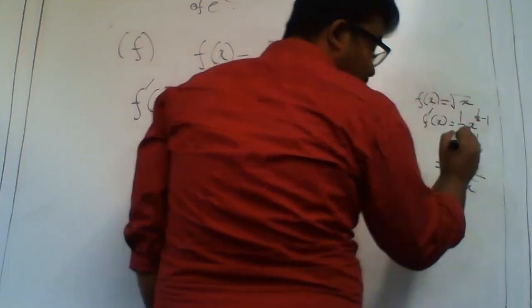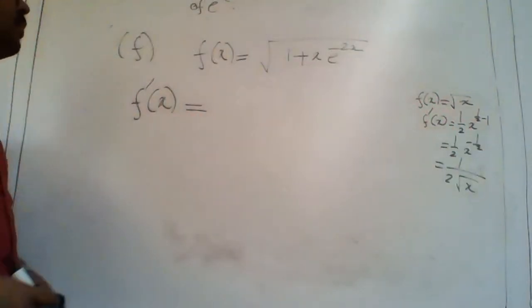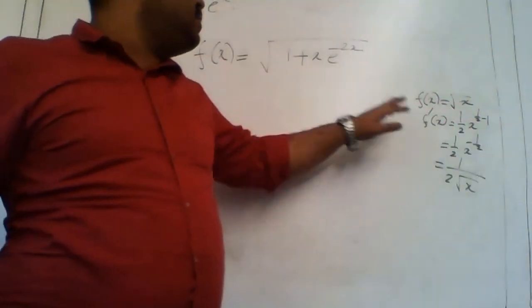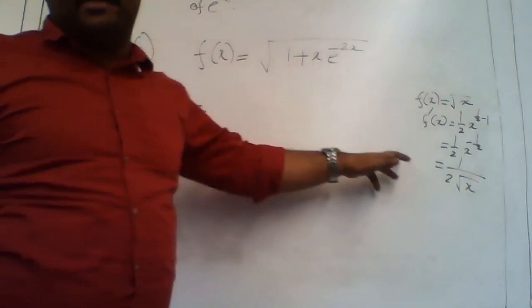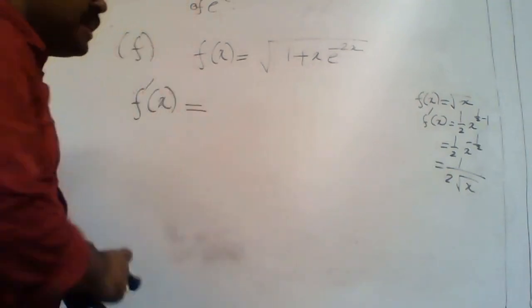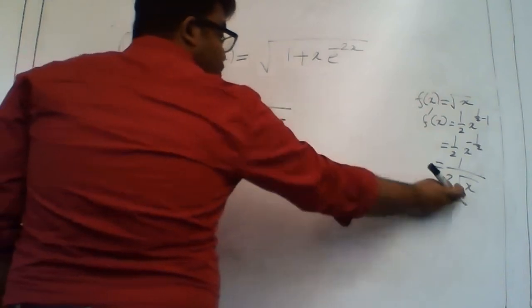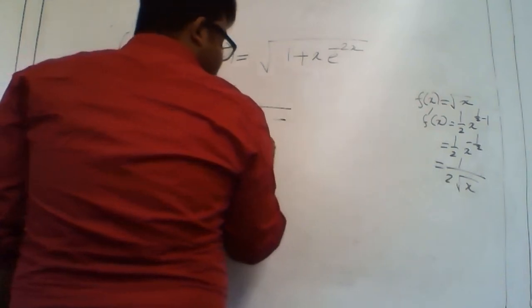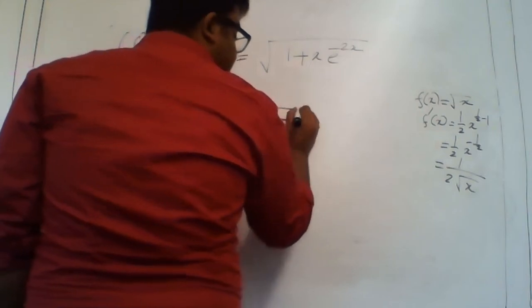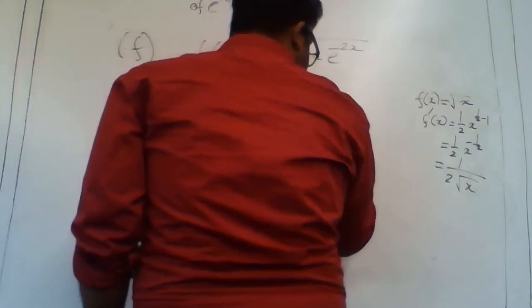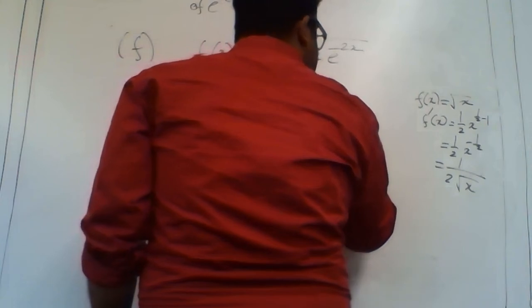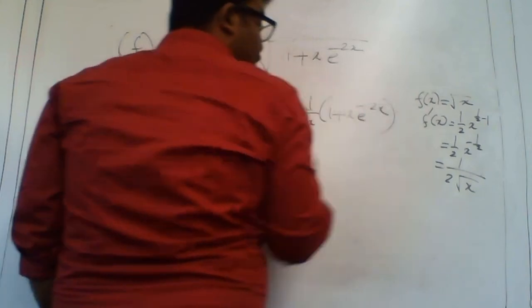This is the derivative of the square root of x. So by the chain rule, it will be 1 by 2 square root of, in place of x, the inner function 1 plus x e to the power minus 2x, times the derivative of the inner function 1 plus x e to the power minus 2x.